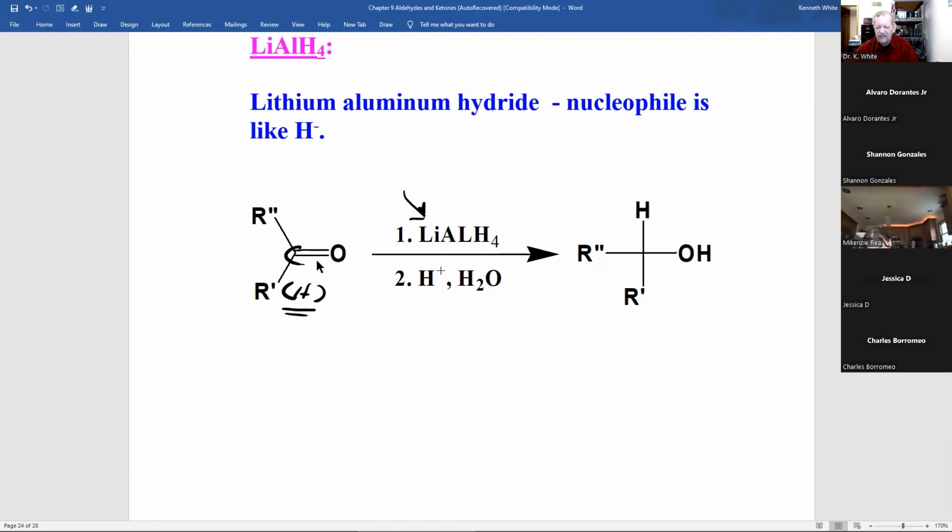Just like hydrogenation, each atom of this pi bond will get a hydrogen. Lithium aluminum hydride does not react with carbon-carbon double bonds. And it's important when you have that kind of dilemma to have a reagent like this, or if you can't use hydrogen as a catalyst, you use another one.